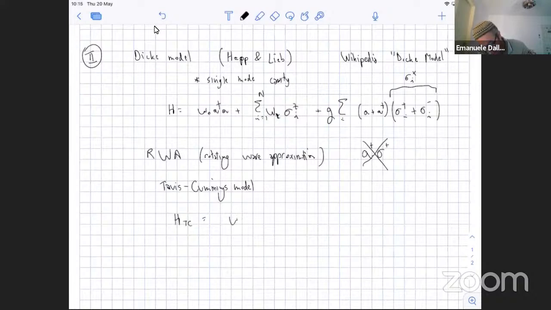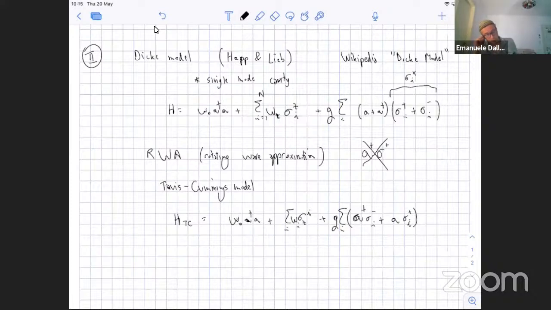The Tavis-Cummings Hamiltonian is ω0 a†a plus sum over i of ωz σz^i plus sum over i of g (a† σ-^i + a σ+^i), because you have many atoms.